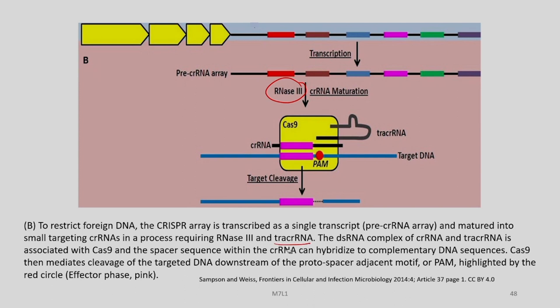The double stranded RNA complex of crRNA and tracrRNA is associated with Cas9, and the spacer sequence within the CRISPR RNA can hybridize to complementary DNA sequences. Cas9 then mediates cleavage of the targeted DNA downstream of the protospacer adjacent motif, or PAM, which is highlighted by the red circle.